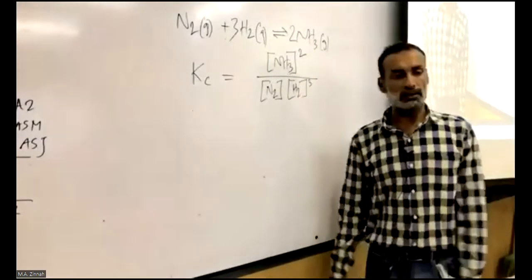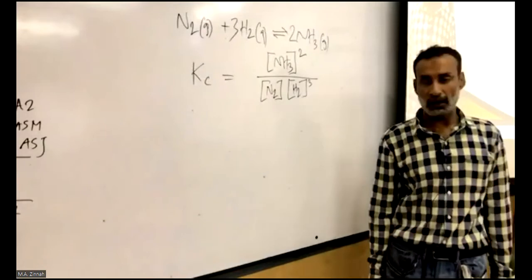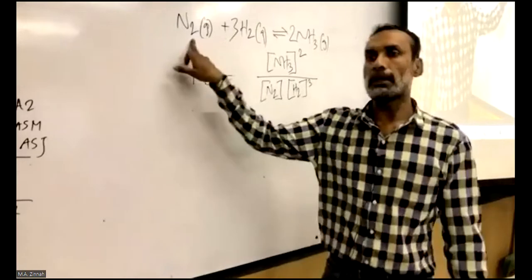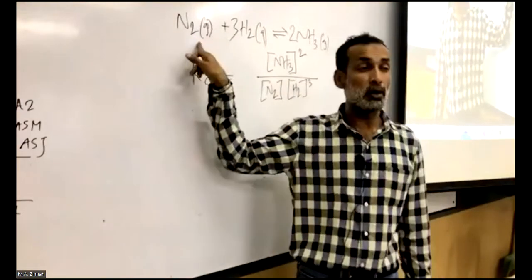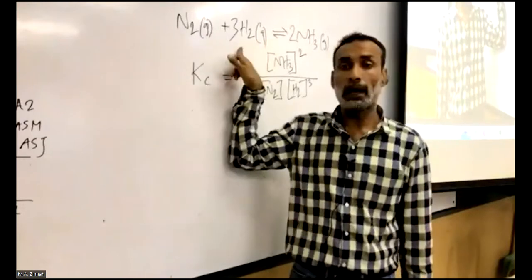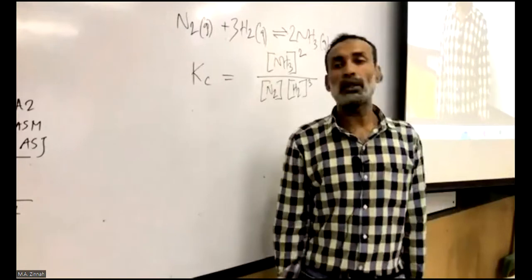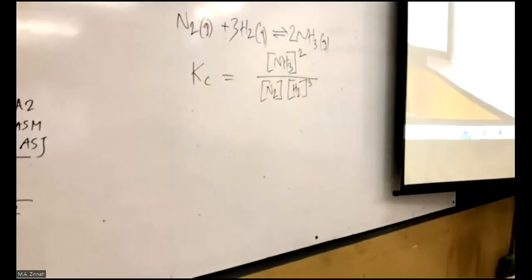How to calculate this? We start with a very typical question. For the reaction in the industry, we start with a certain amount of nitrogen and hydrogen, and when the reaction reaches dynamic equilibrium, we will calculate the Kc for the reaction.